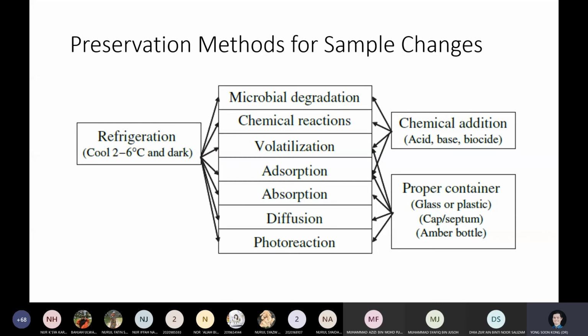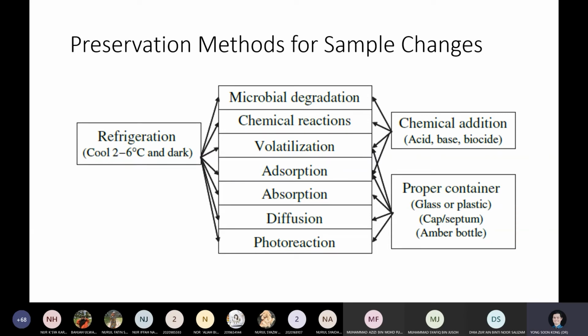So we can put it this way lah, the proper container depends on what contaminants you are dealing with, and also where your sampling site is. If your sampling site is very rugged, you need to climb, and you can possibly fall down and have a risk of breaking glass, then plastic is preferred. So don't restrict yourself to glass, because frankly speaking lah, practically plastic is the most preferred.